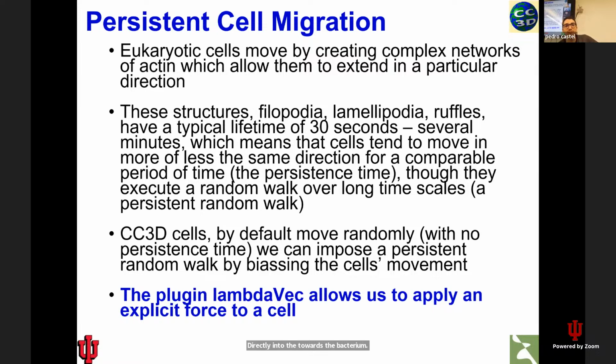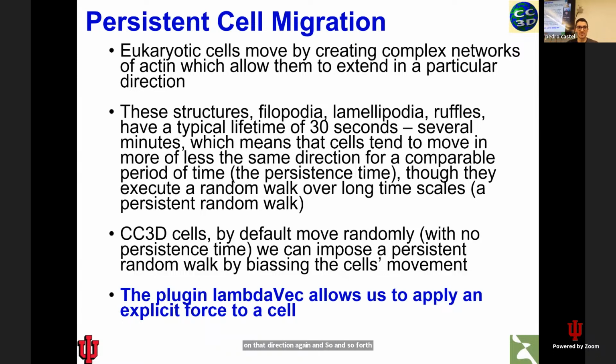So in persistent cell migration, instead of solely diffusing, our cells navigate more persistently. They choose a direction, migrate in that direction for a certain period of time, and then change direction, migrate in that direction again, and so on and so forth.